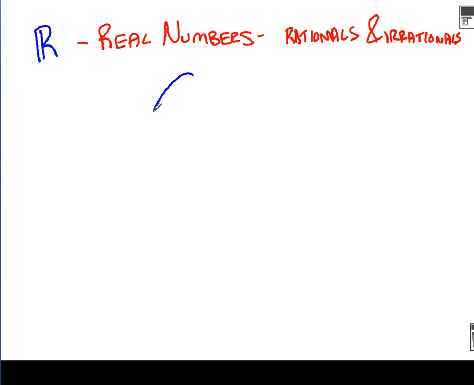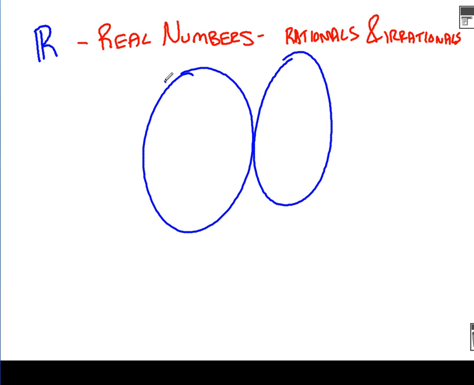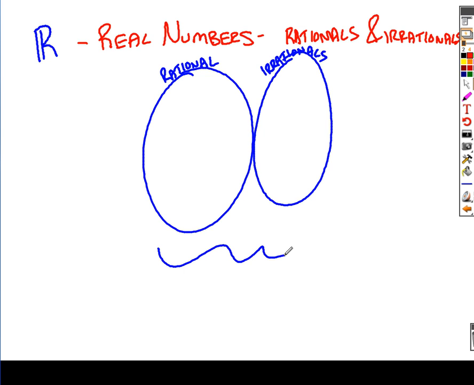And so we have really two sets here. We have both rationals and irrationals. So rational numbers over here, and we'll say the irrationals over here. They don't overlap. What we want to look at though is that this whole big thing becomes our real number system. And just so we can see again, inside the rational numbers is the set of integers.